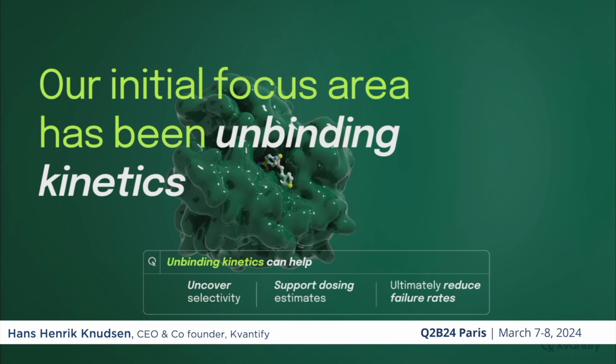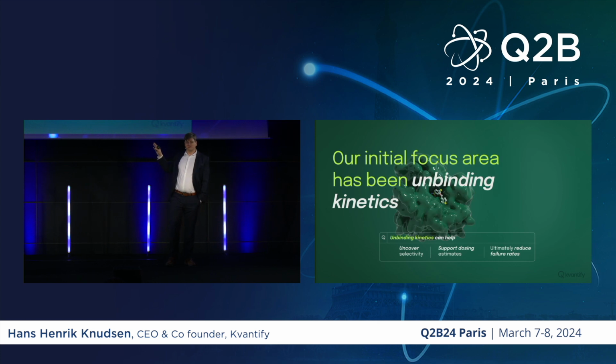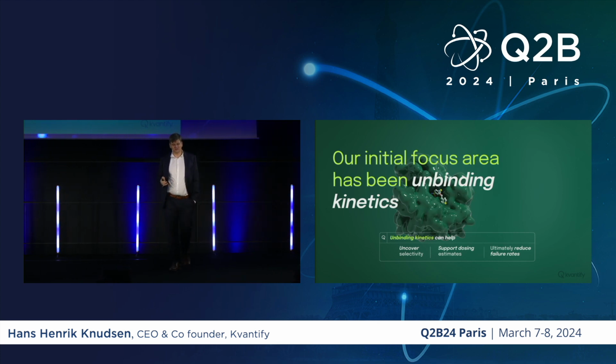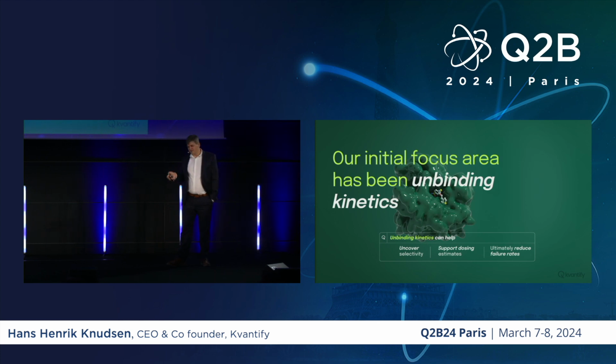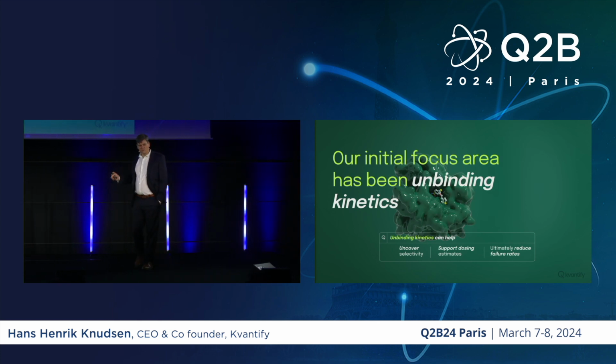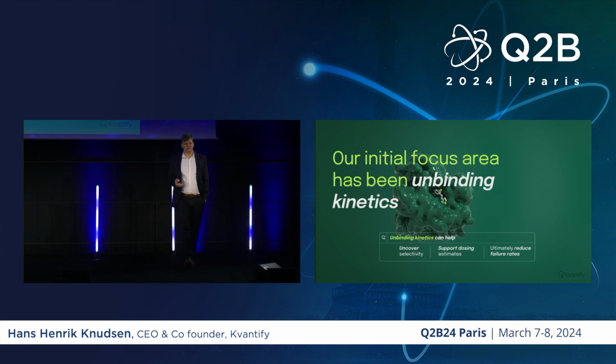So if you understand unbinding kinetics, you can have better selectivity in terms of you need it to stick to the right molecules for the right amount of time. You can better estimate what dosage you need. If it sticks around for a minute or an hour or a day or a month, there's obviously a difference in how much you need to put into the body for it to have an effect. And ultimately, understanding unbinding kinetics can help you reduce clinical failure rates.